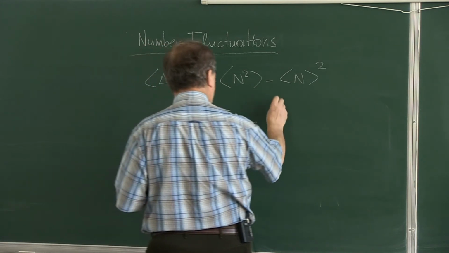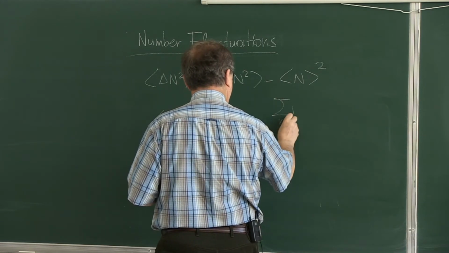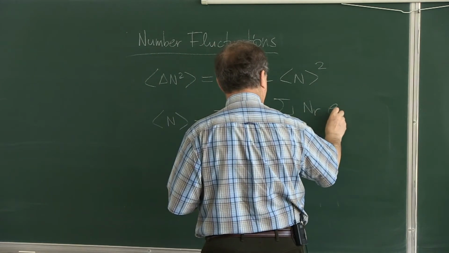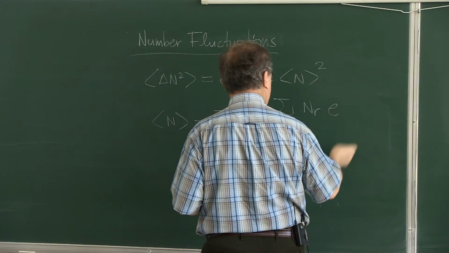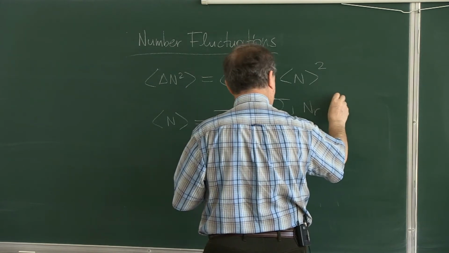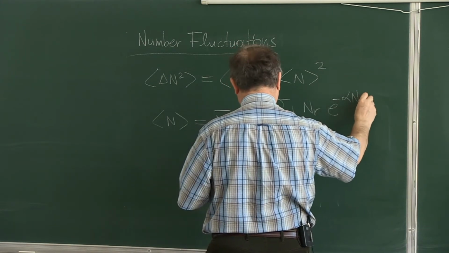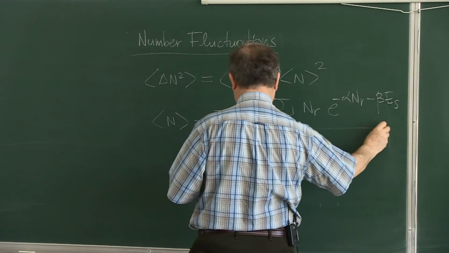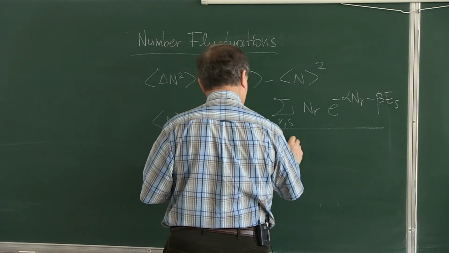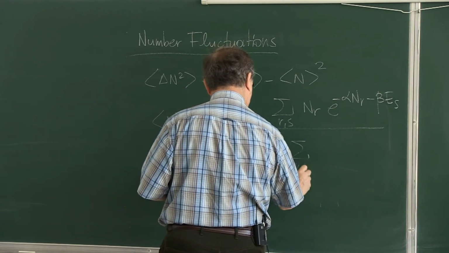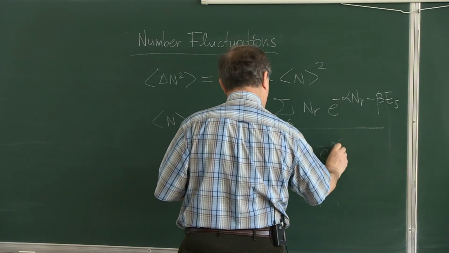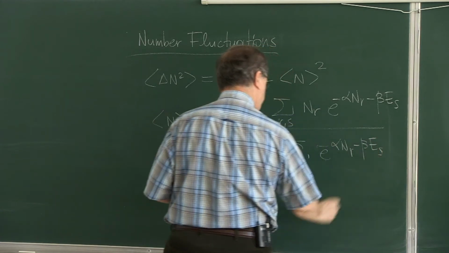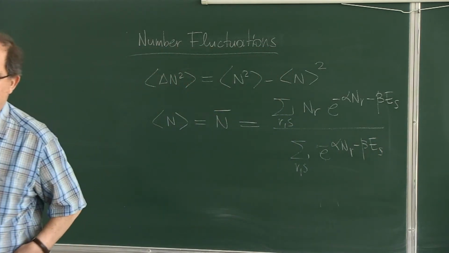This is nothing but the multiplication of the number of particles in a specific state, N_r, with the probability of your system to be in that state, e to the minus alpha N_r minus beta E_s, and the normalization factor, which is the grand canonical partition function.